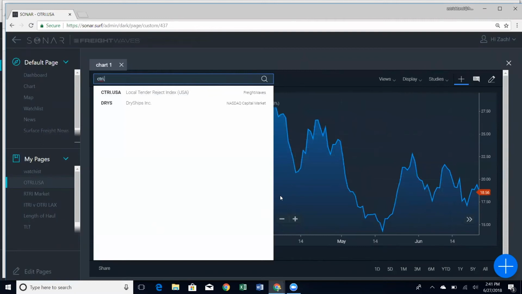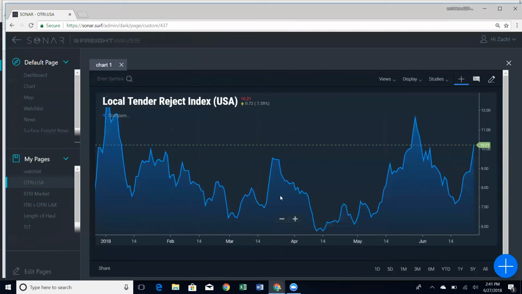Again, along the lines with the flatbed index, right now only available in the overall U.S. percentage for the rejection index. We do have length of haul broken out into several different categories. Starting off here, what Zach is showing, the local tender reject index, which we are showing all tenders being rejected under 100 miles.